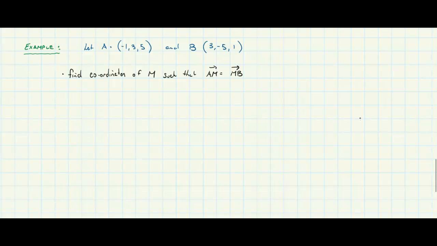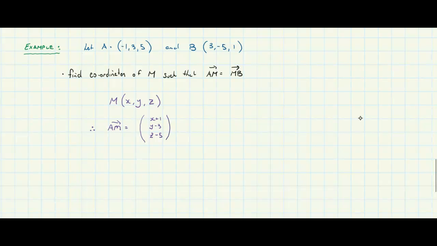Right, what's going to happen here? The coordinates of M such that AM is equal to MB. Well, we need to bring M into play, don't we? So M's got coordinates X, Y, and Z, like so. And so therefore, in this case, AM, the vector, is going to equal X plus 1, Y minus 3, and Z minus 5.